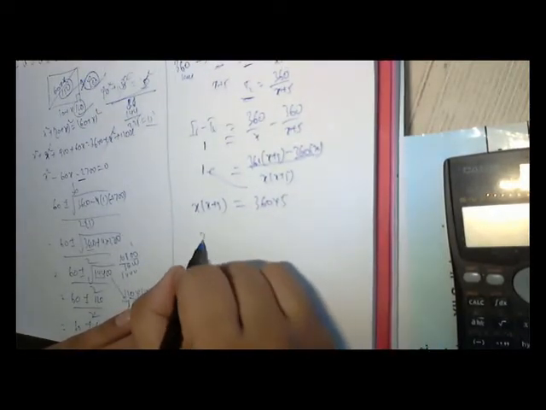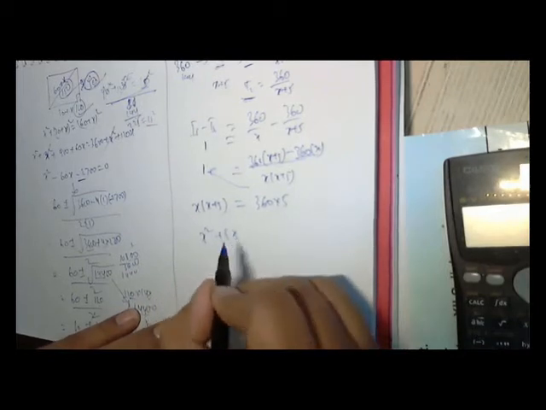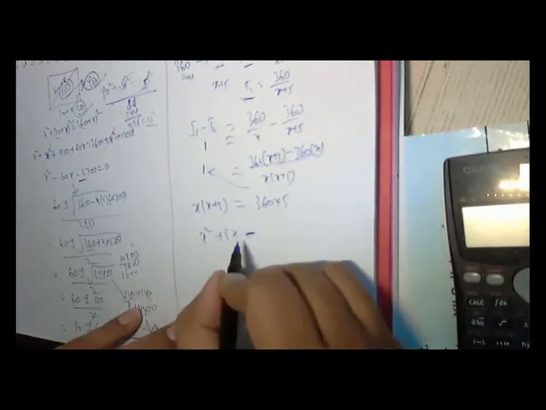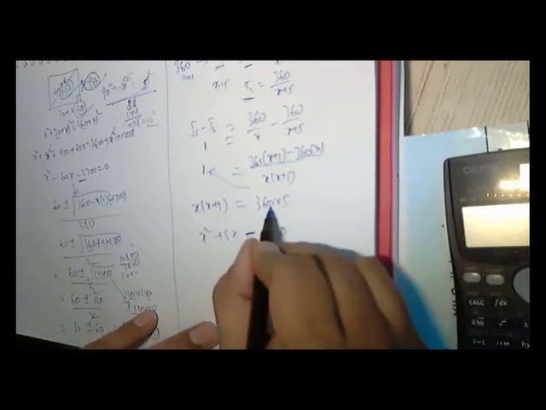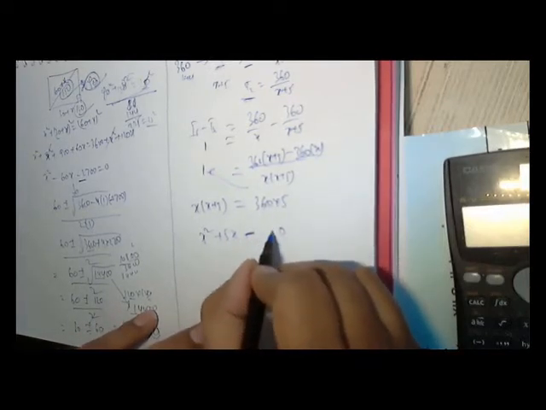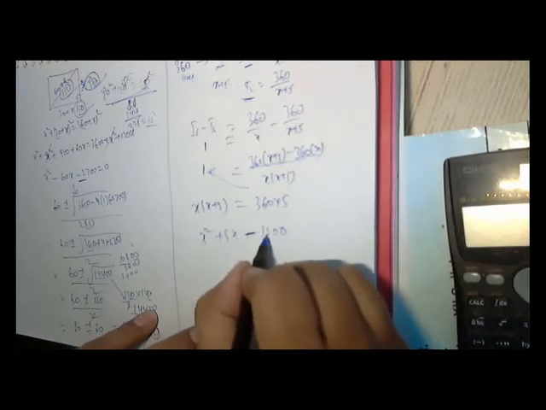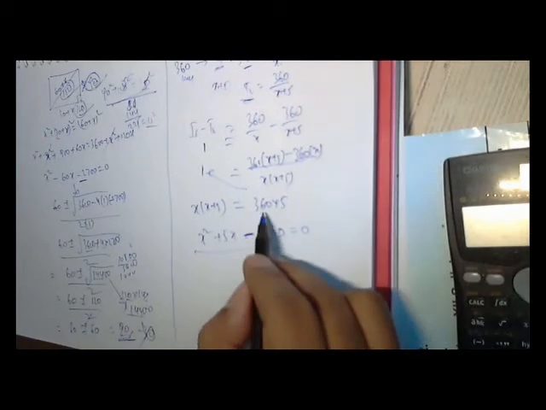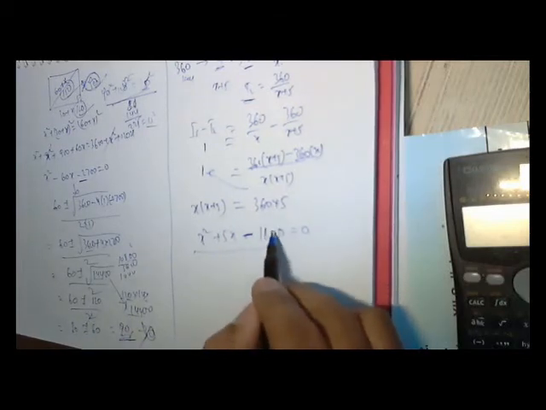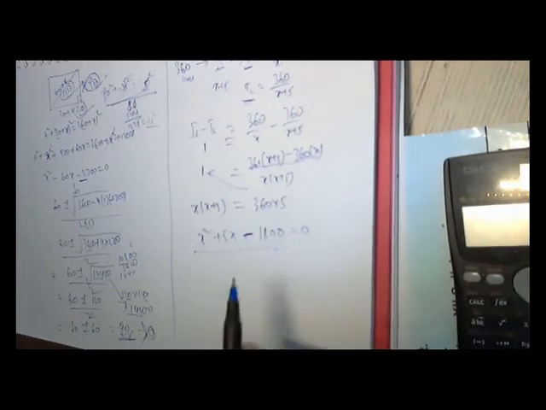So when you further simplify it, x square plus 5x minus, what does it come to? 5 zeros are 0, 5 6s are 30, 5 3s are 15, so 1800. This is the quadratic equation I am getting.